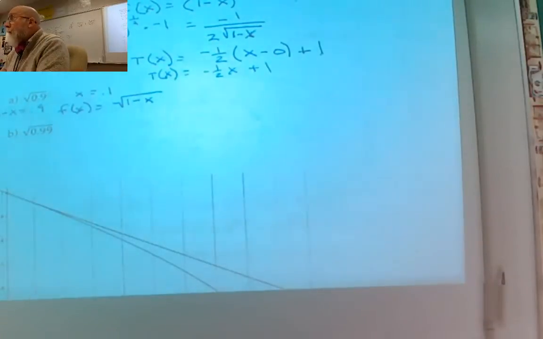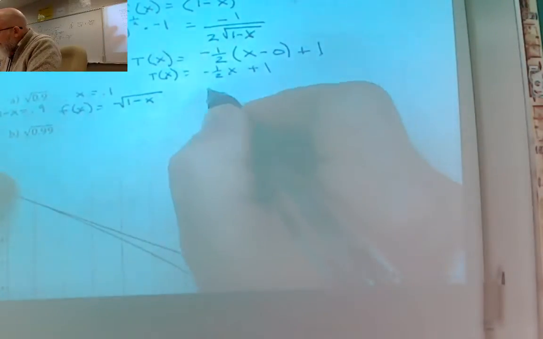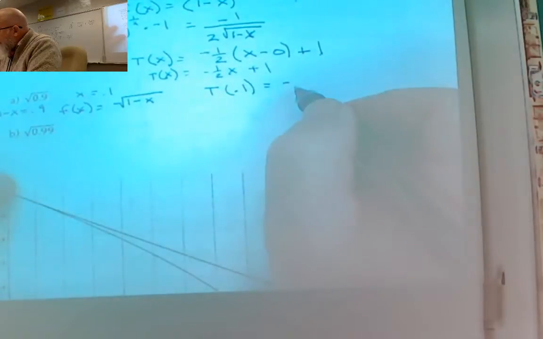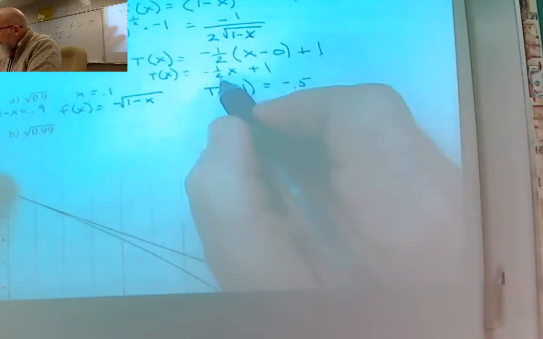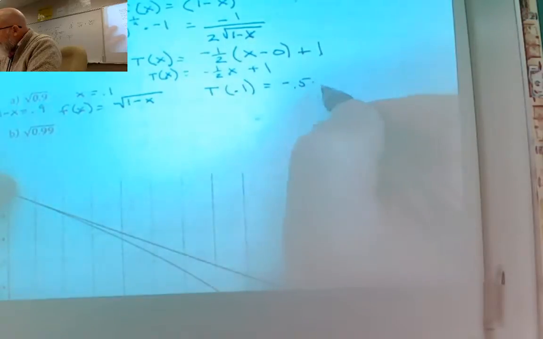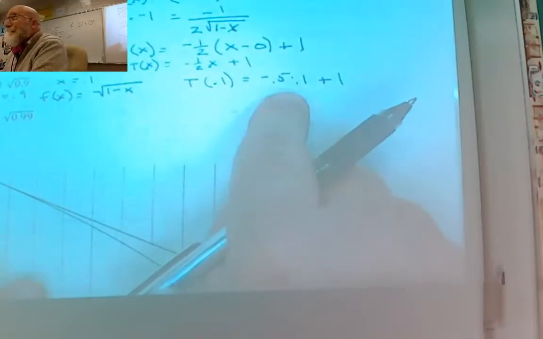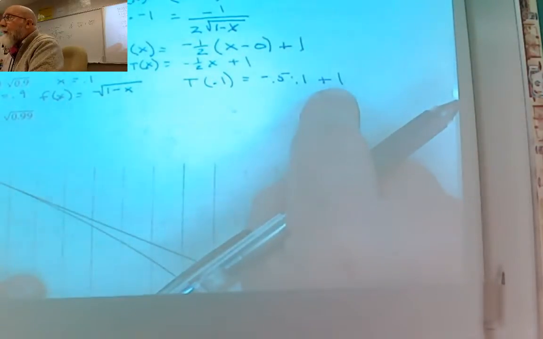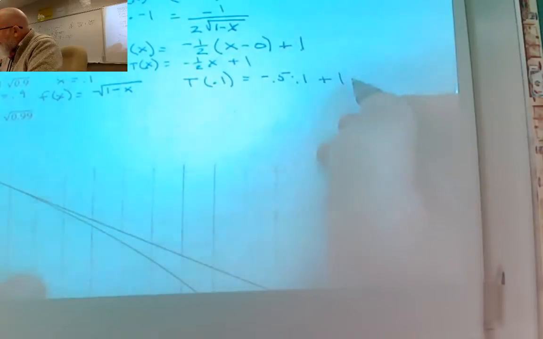Does that make sense now? So that x has got to be 0.1, doesn't it? Right? So that means I'm going to put 0.1 into here. So I'm going to have a negative 0.5, that's what 1/2 is, times 0.1 plus 1. Well, what's that number? Do we know how to multiply that? A negative 0.05 added to 1. What does that give me? 0.95.